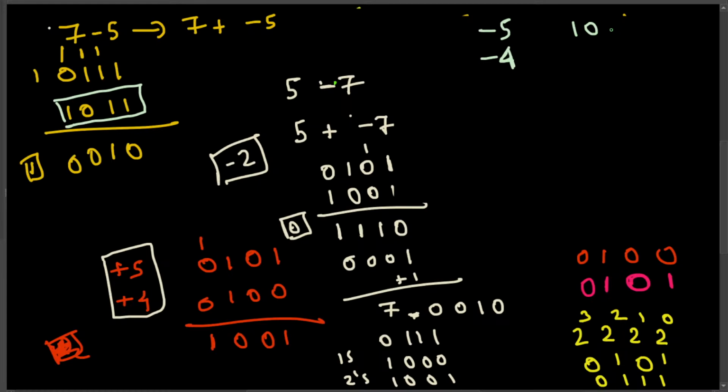I'm going to plug it right here. Let's find the 2's complement of 4. So 4 in binary representation is 0 1 0 0, then take the 1's complement, that is 1 0 1 1, and then add 1 to that.